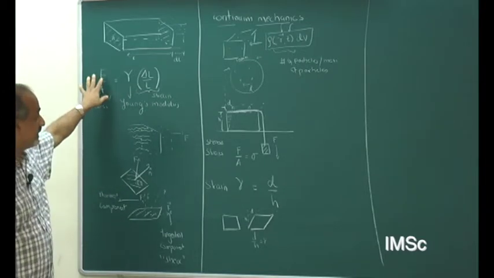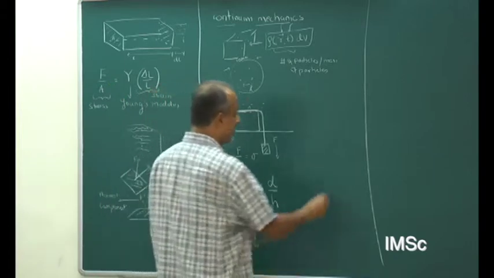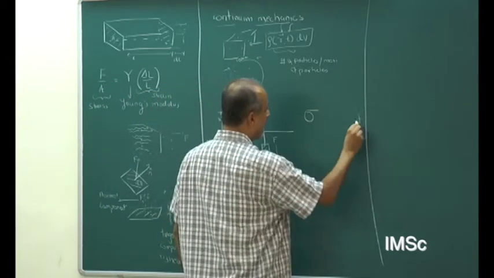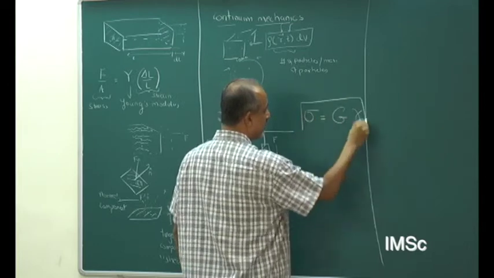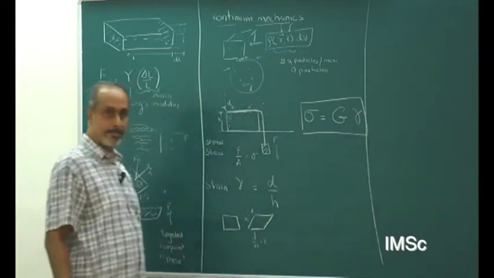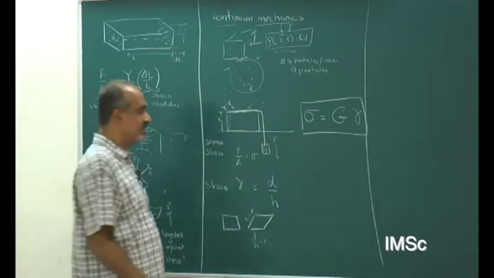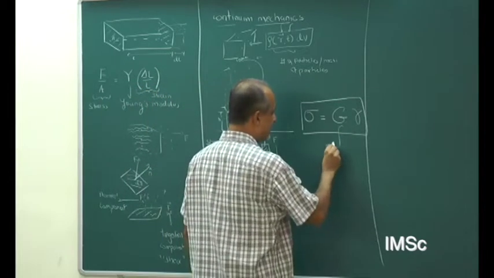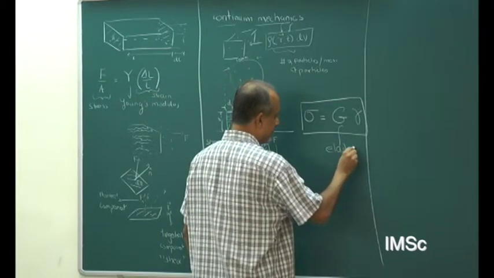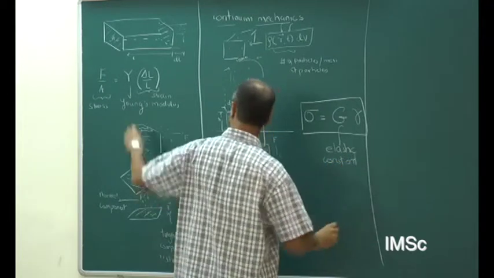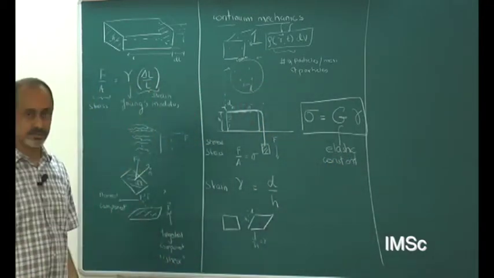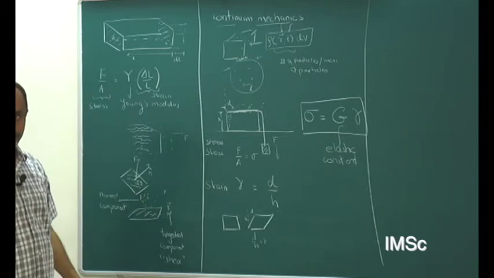This statement here is the same as the statement that sigma and gamma are proportional, with the proportionality constant being something called G. Okay. So this is an example of something called an elastic constant, or it's proportional to an elastic constant, but this quantity Y is another type of elastic constant that we wrote down here.